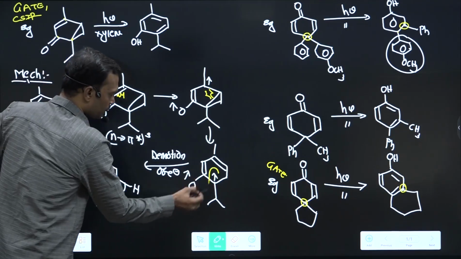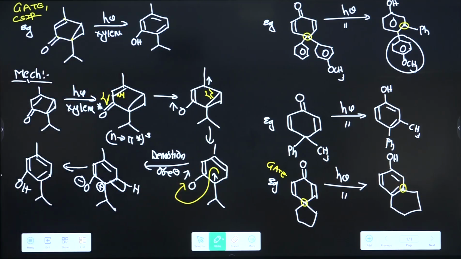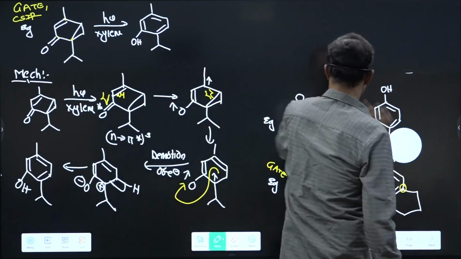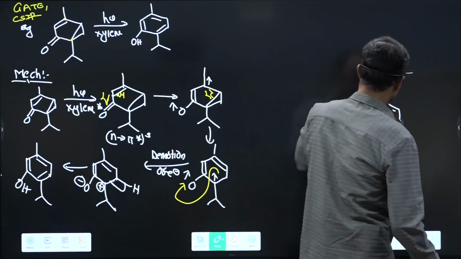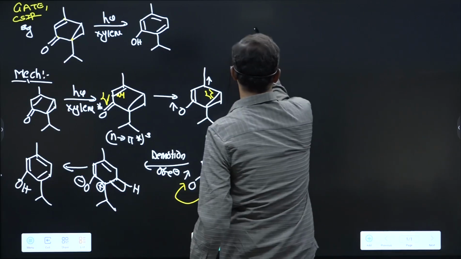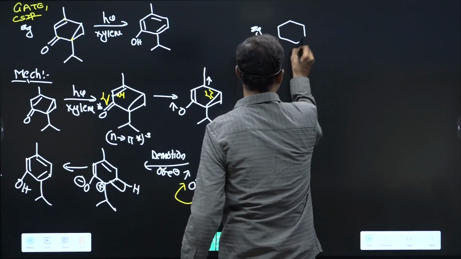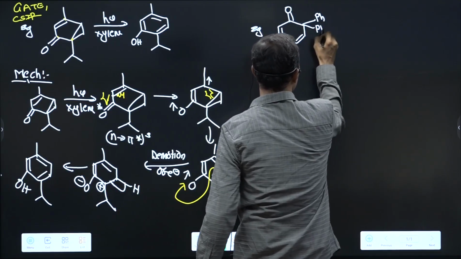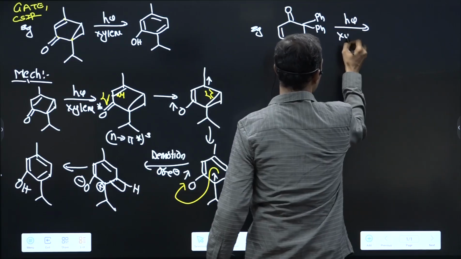So this electron migrates from here to here. That is demotion. So if 2,2 is present, you will get only one answer in presence of xylene.